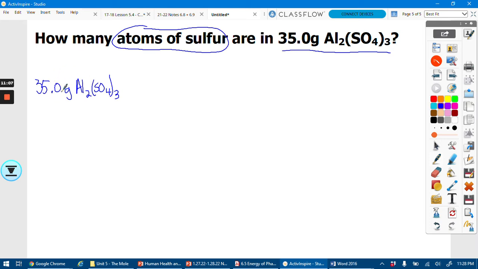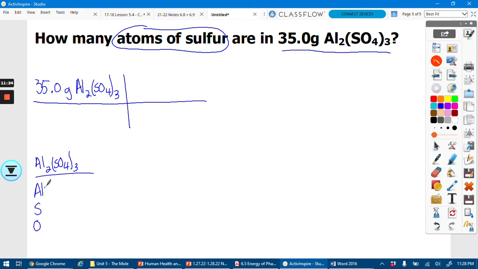So remember, anytime you have mass and you are asked to find mass, you need your molar mass of that compound. So we need to look up our average atomic masses. Aluminum is 26.98.